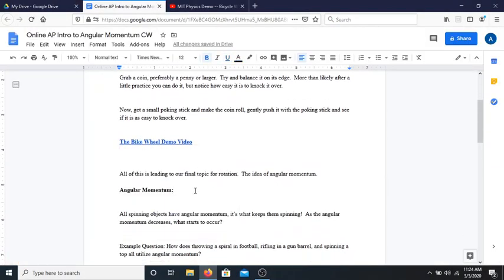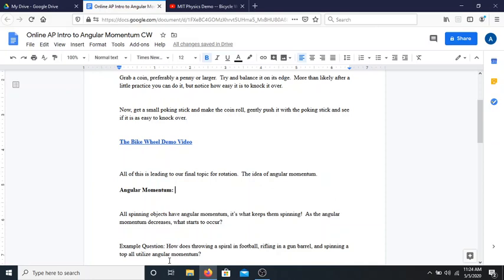Because of that, all these things lead into our definition for angular momentum. Just like an object that is moving forward wants to keep moving, an object that is spinning wants to keep spinning in that exact same setup.